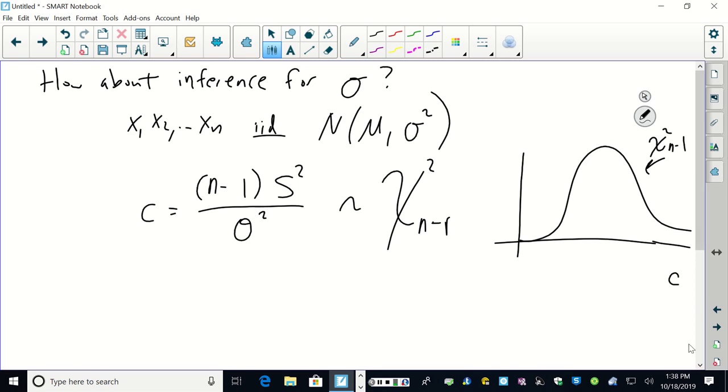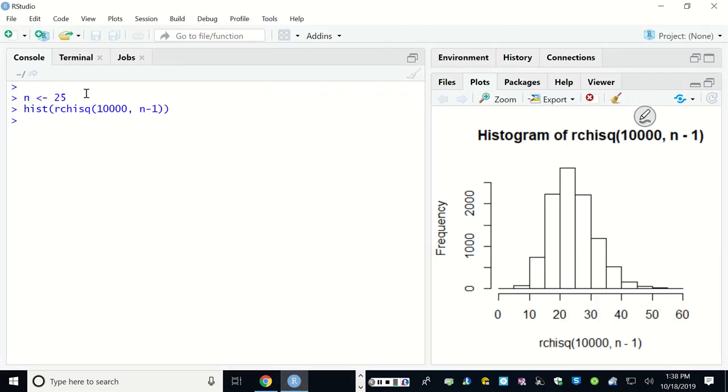The little example that we're going to look at, just for numerical calculation, has a sample size of 25. If I generate 10,000 random values from a chi-square, there's our random chi-square function. It has its degrees of freedom there, and here's a histogram of those 10,000 values.